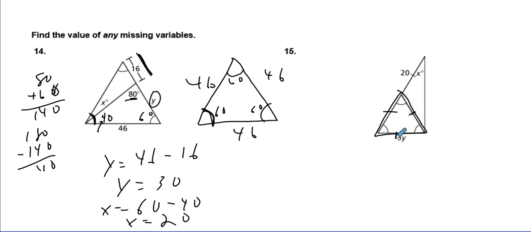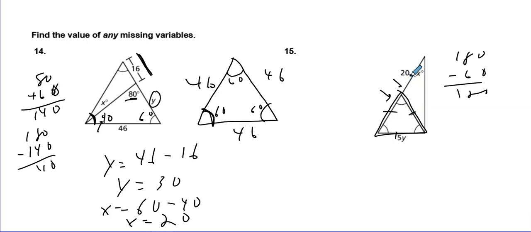Now, if this angle here is 60, all right, that means this angle here is the linear pair. That's 180 minus 60, which is 120.